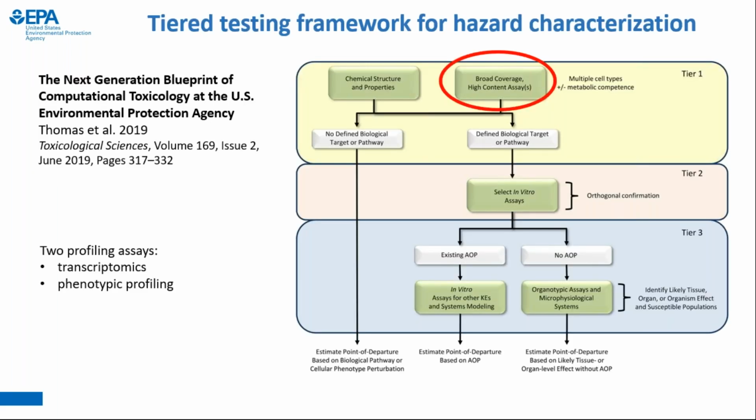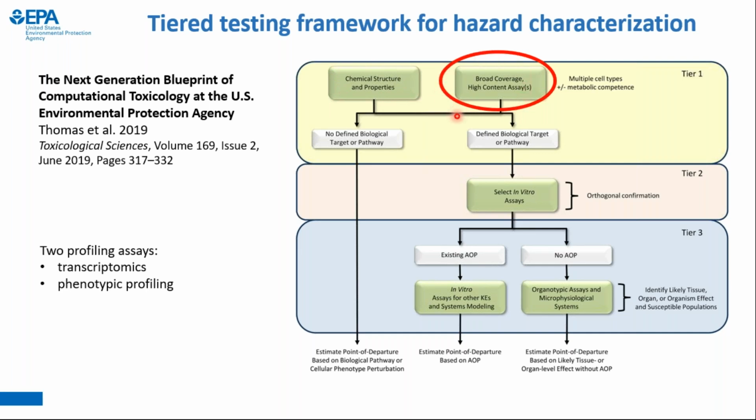So the US EPA has released a so-called blueprint of computational toxicology, in which they propose a tier testing framework for hazard characterization of chemicals. And so it has several tiers, and the idea is that we have a lot of chemicals that we want to test, and we start with having some chemical structure information, and we would run some broad coverage, high content assays.